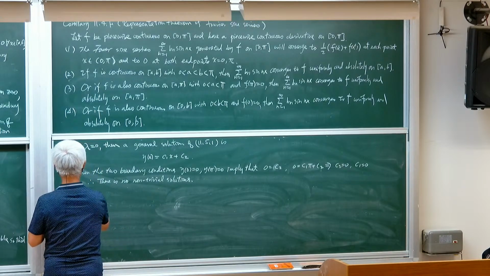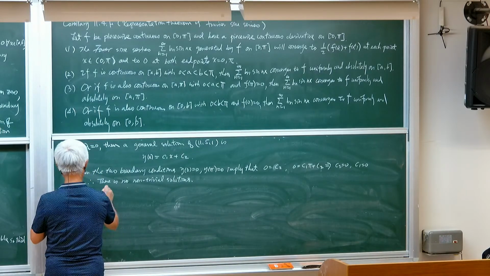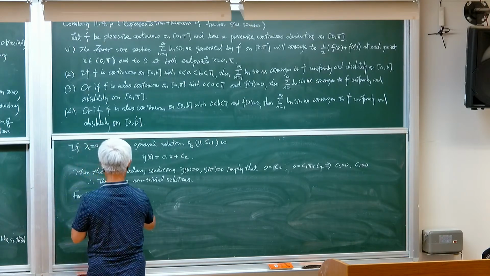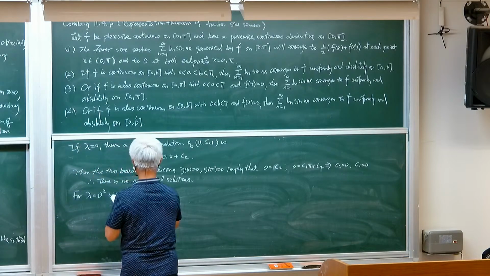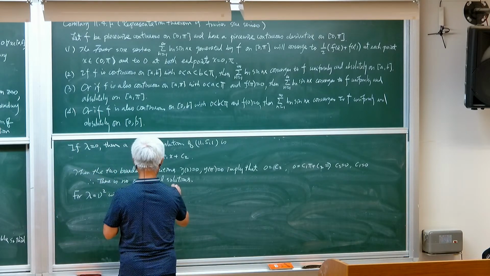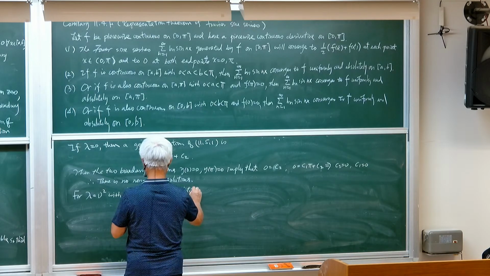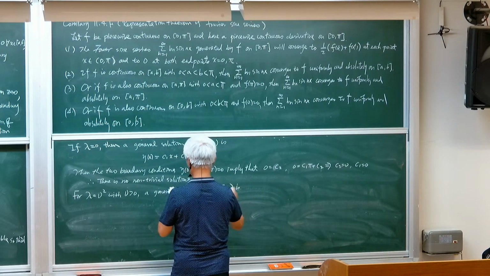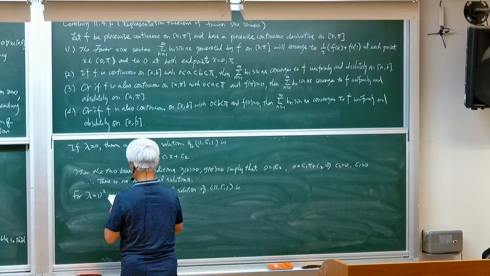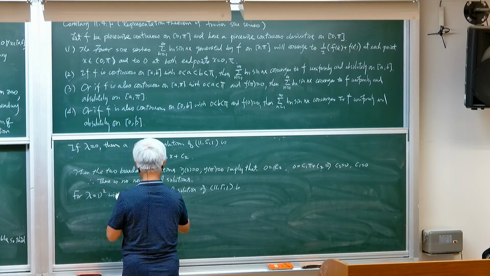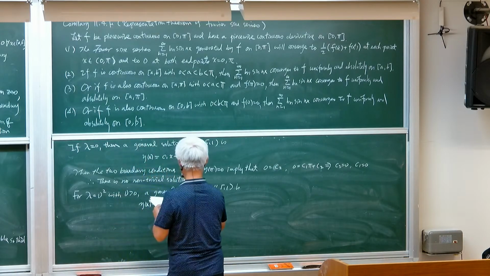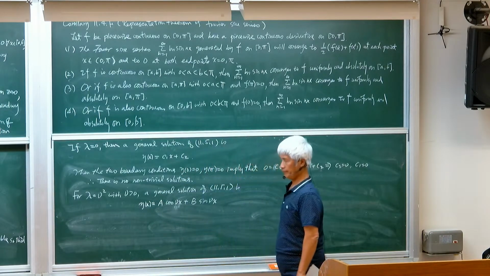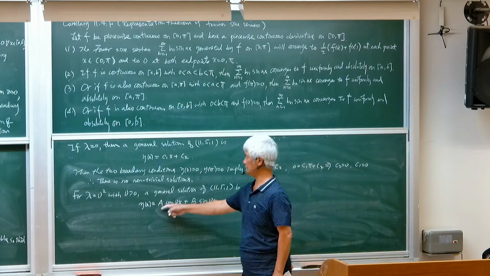Now for lambda positive, a general solution of 11.5.1 is A cosine mu x plus B sine mu x.